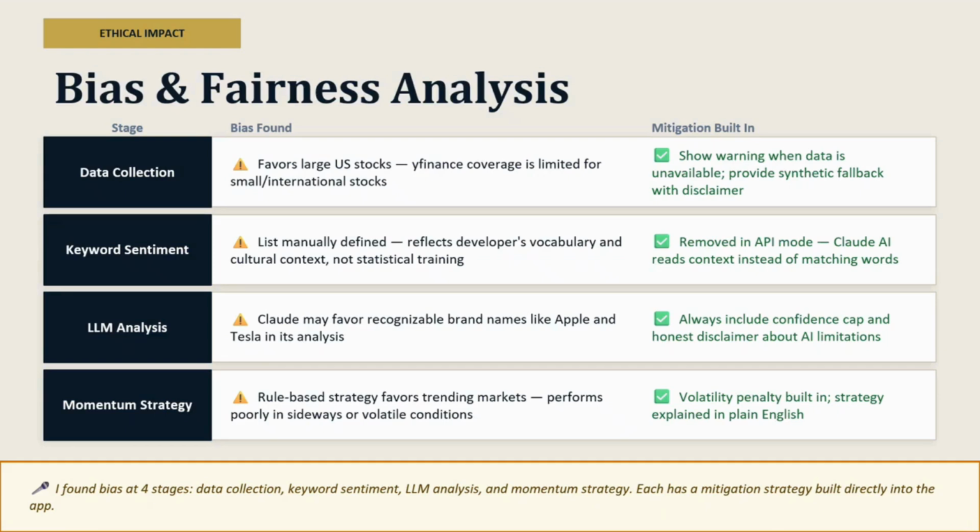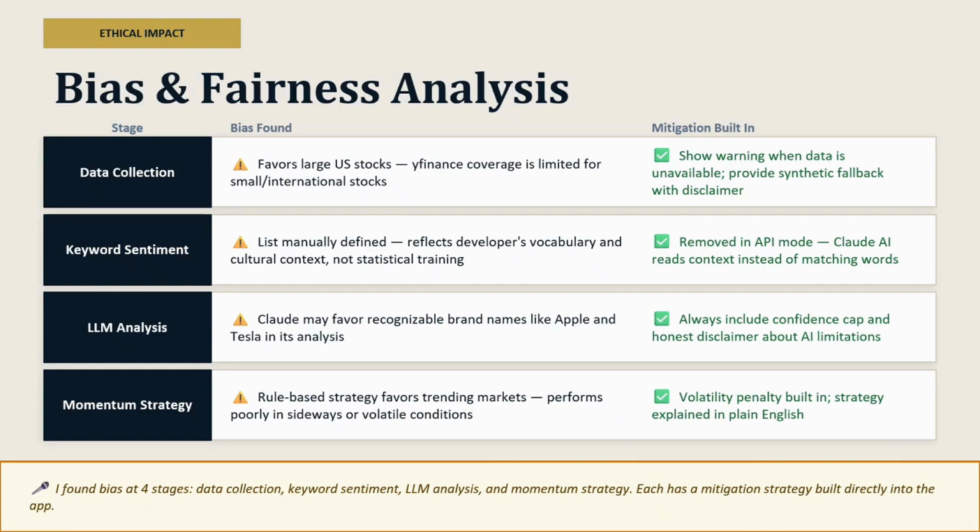Keyword sentiment: in API mode, Claude reads the full context instead of matching a fixed word list. LLM analysis: a confidence cap prevents overconfidence. Momentum strategy: a volatility penalty is built in. Strategy explained in plain English.